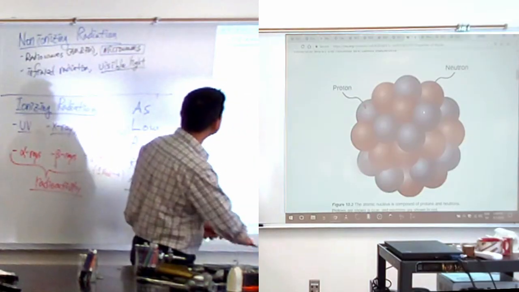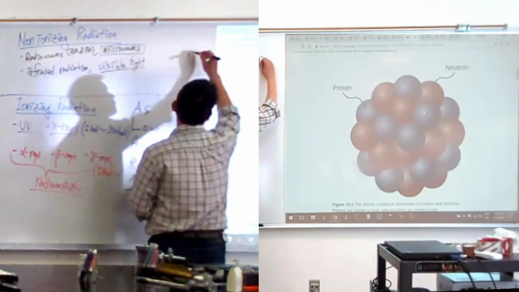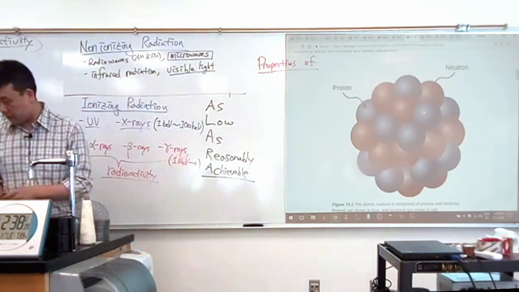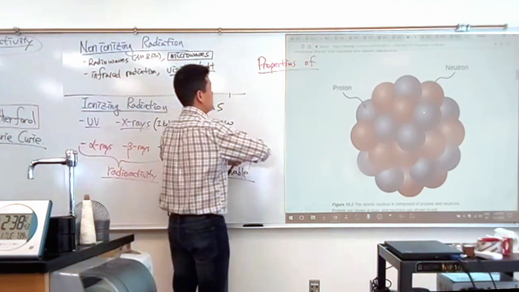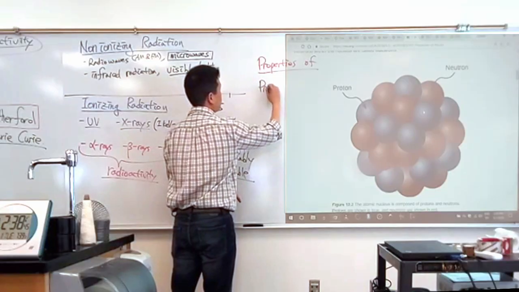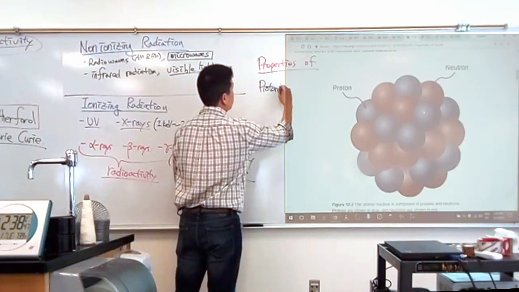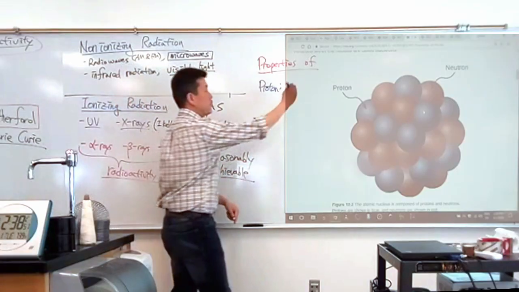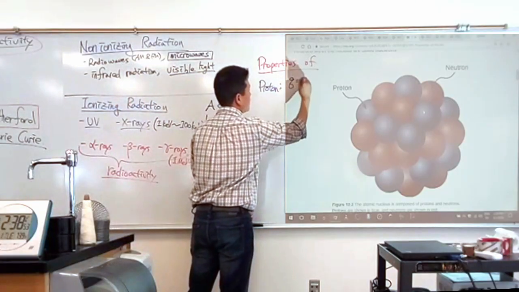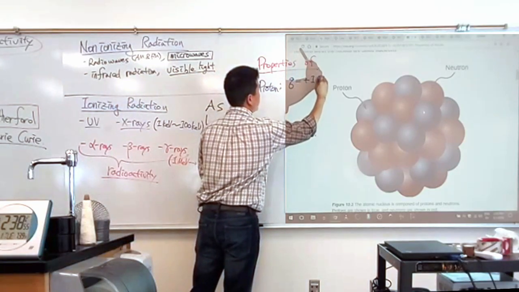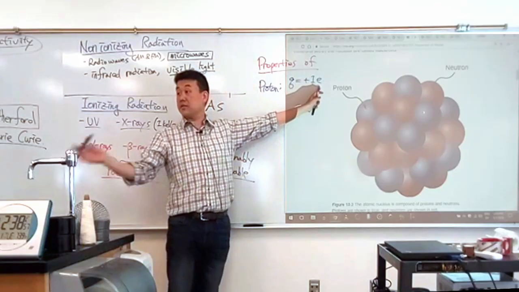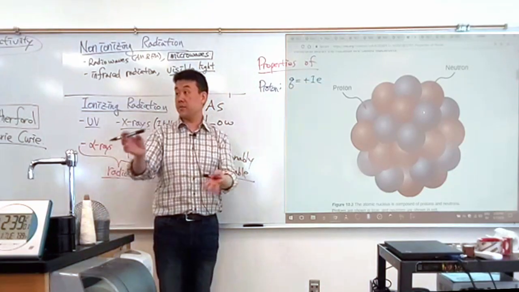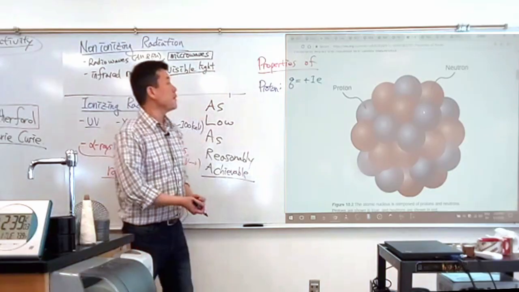So we can start listing properties of the proton and neutron separately. The properties of the proton: it has charge. The charge of the proton is plus 1e, the elementary charge, the same magnitude of charge as the electron, because that's how the hydrogen atom is electrically neutral.